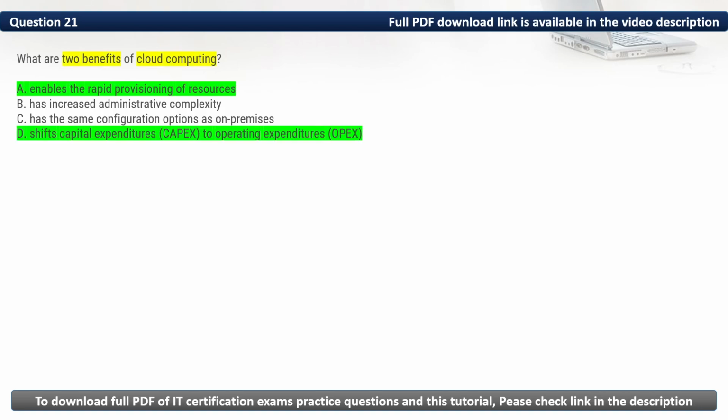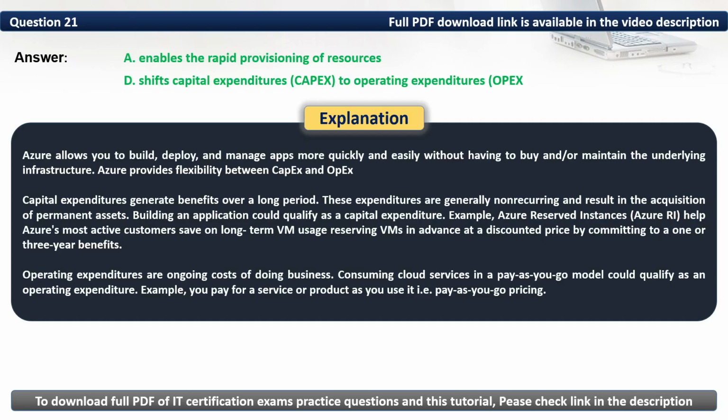Thus, the correct options are A and D. Azure allows you to build, deploy, and manage apps more quickly and easily without having to buy or maintain the underlying infrastructure. Azure provides flexibility between CapEx and OpEx.